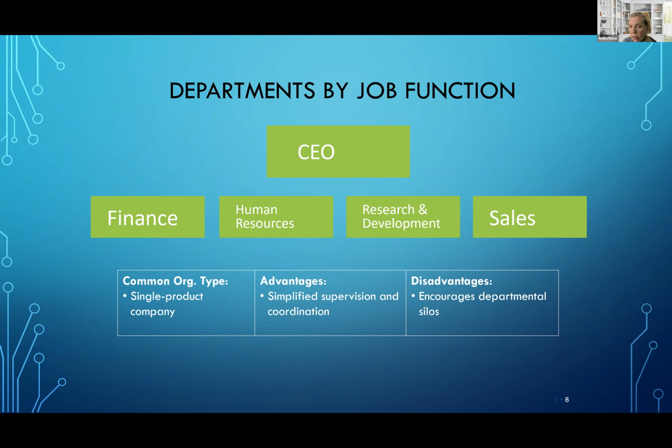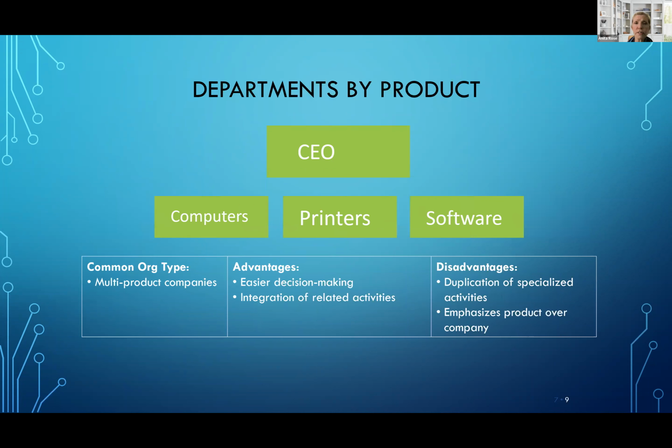When we have multiple products, it may be much more difficult. And there are advantages to this type of departments by job function. It can simplify the supervision and coordination of the work and providing the service to the customer. But the disadvantage is that it does create silos within departments. Let's move on to the next.